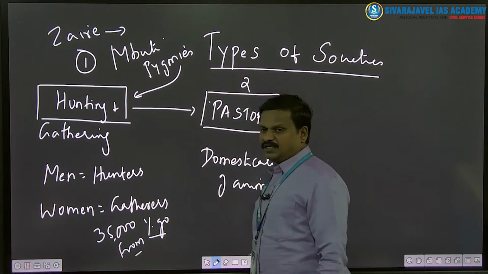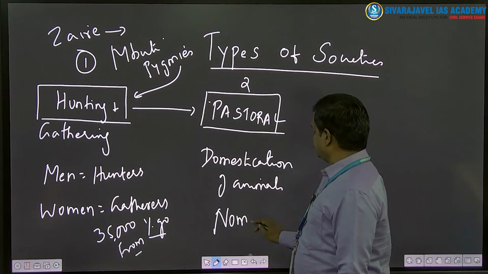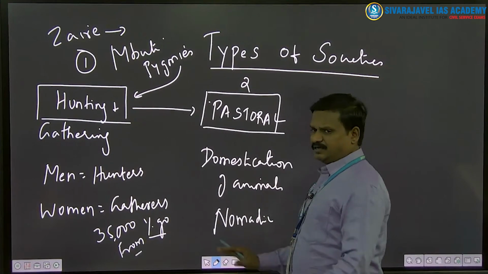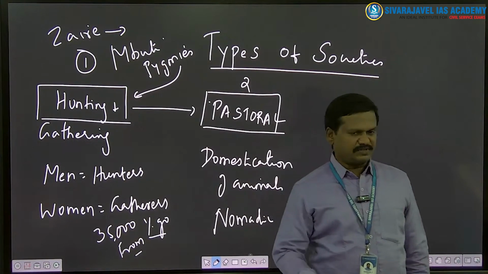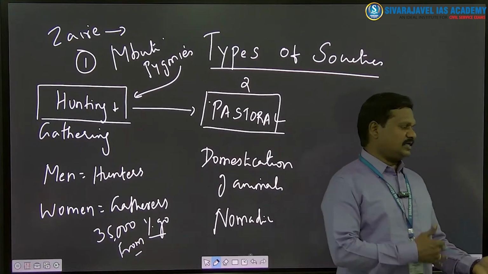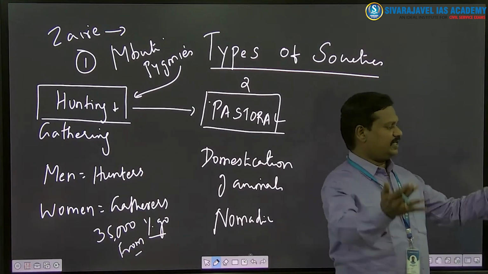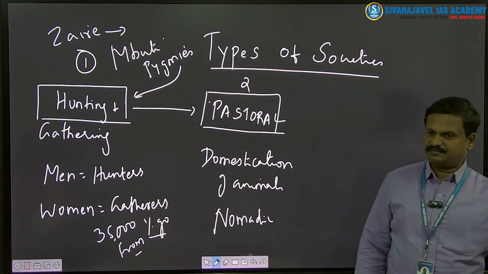But this society is a nomadic society. They will go from one place to another with their cattle, and when there are seasonal changes, they will carry their cattle with them. Cattle is the wealth for that community.